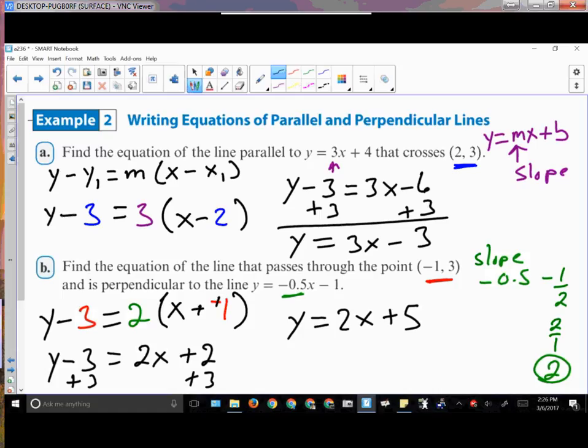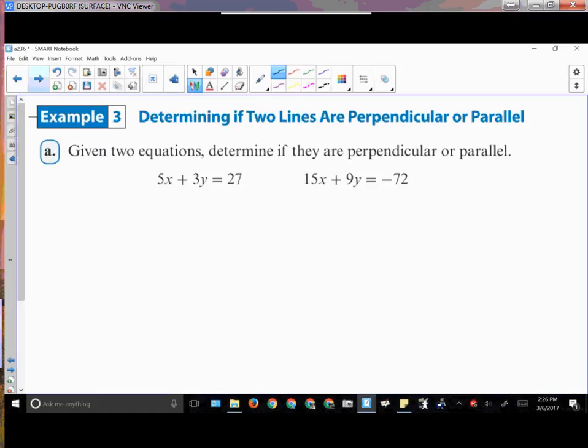Questions on that? Are these two lines parallel? Now, I showed you a trick I'm thinking a while back.